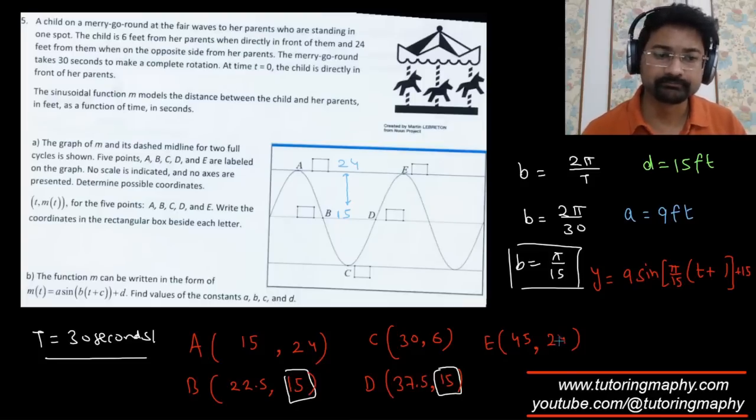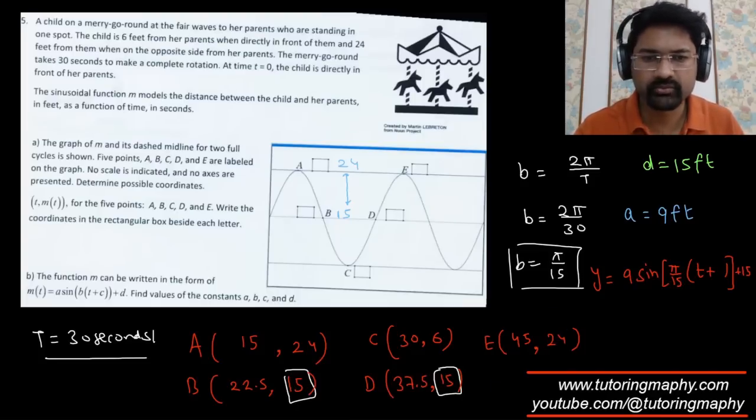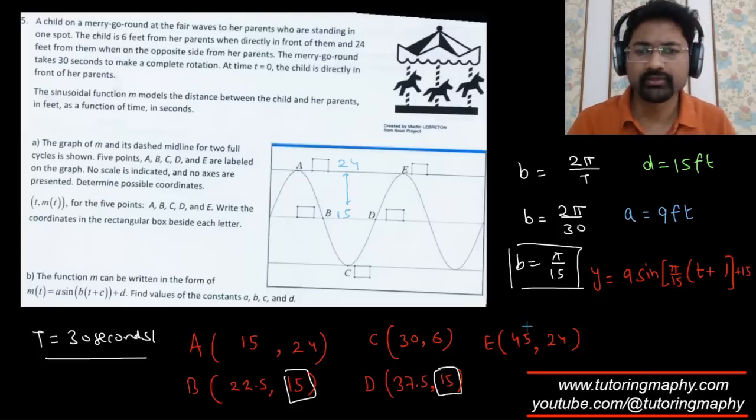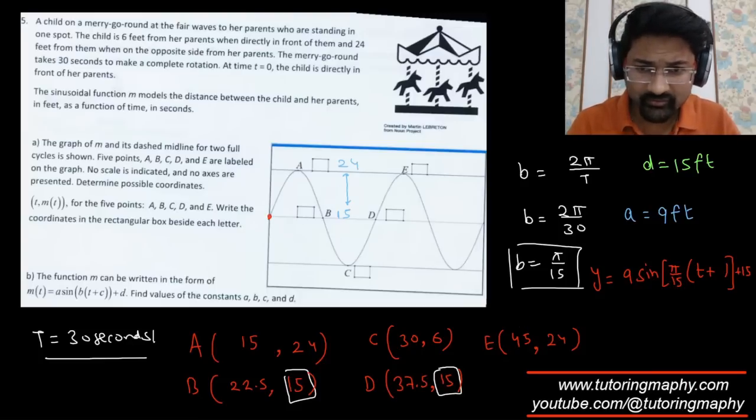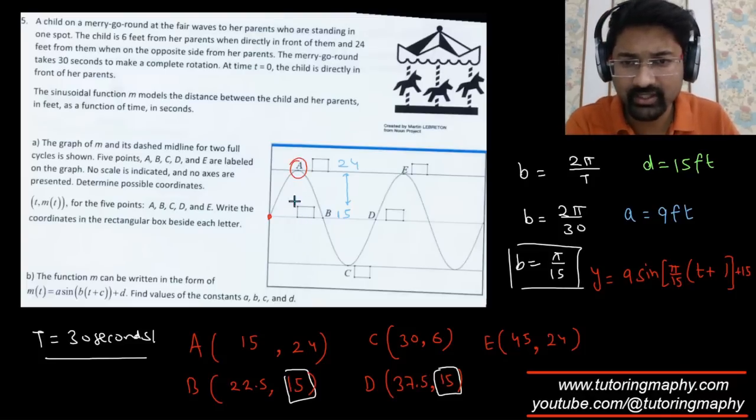For the horizontal shift, I think this point will be helpful for us to find it, because A is 15 and we are going 7.5 units every time. So 7.5 before is going to be again 7.5.